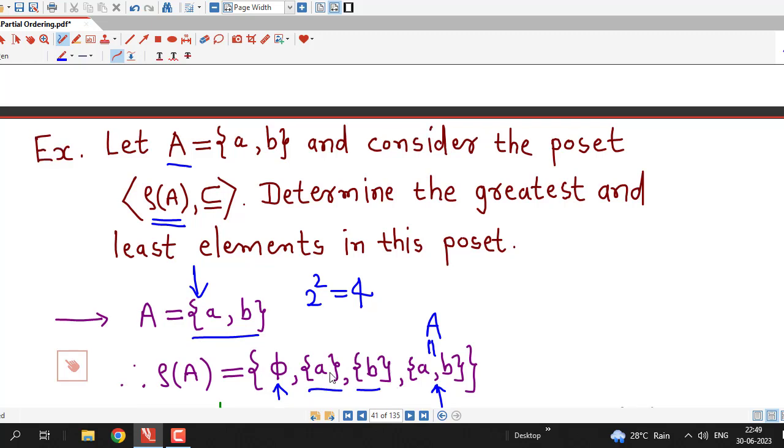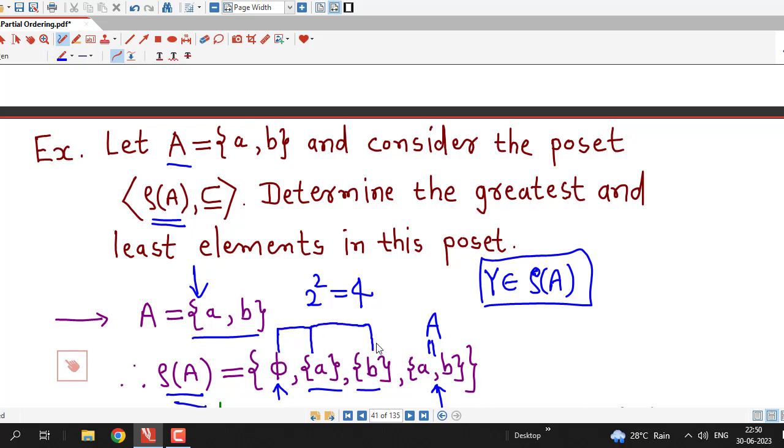Now I have to decide whether greatest and least elements exist in this power set or not. So suppose I have a greatest element in a given set. Here the given set is the power set of A. So suppose I consider that y is the greatest element in the power set of A. Then by definition, if y is the greatest element, then every element of the given power set is related to y.